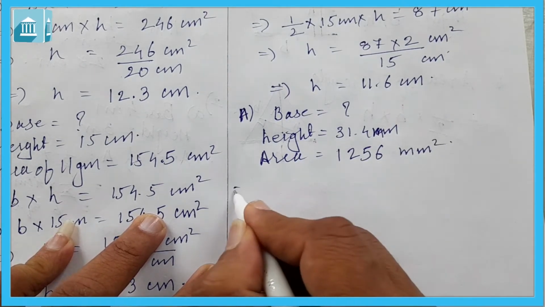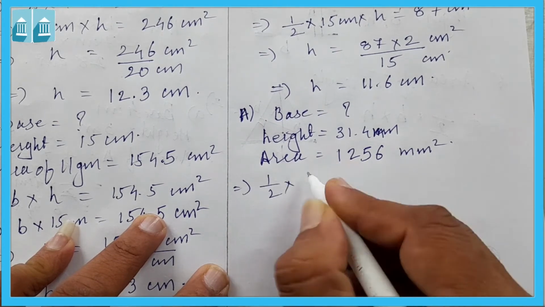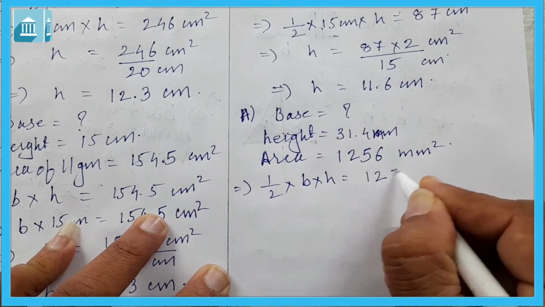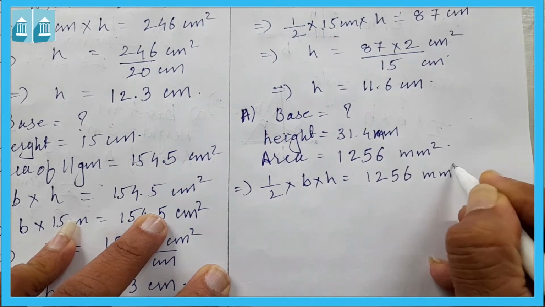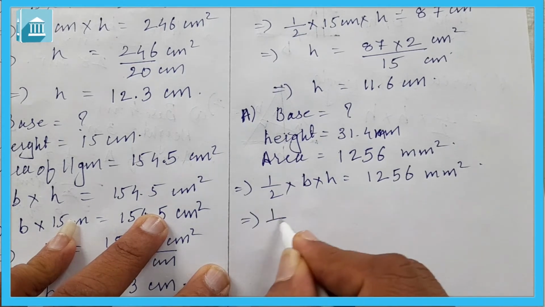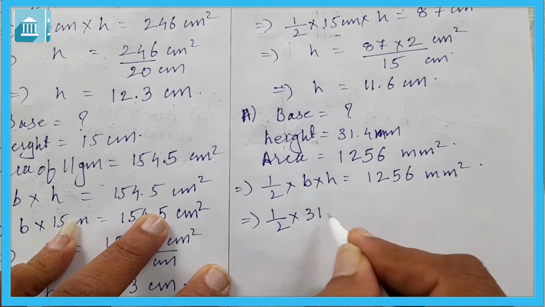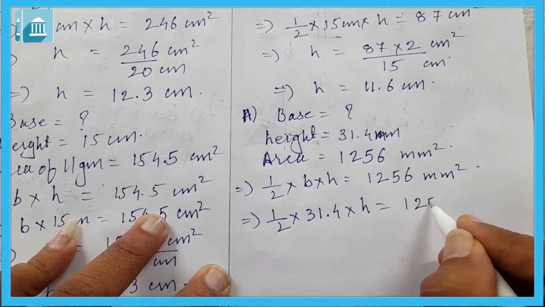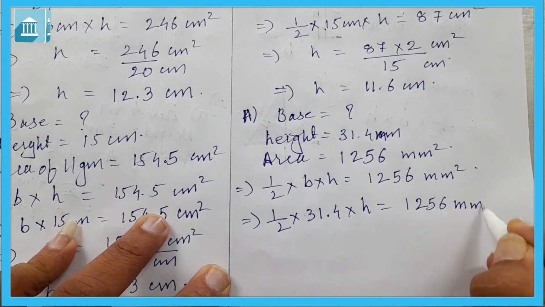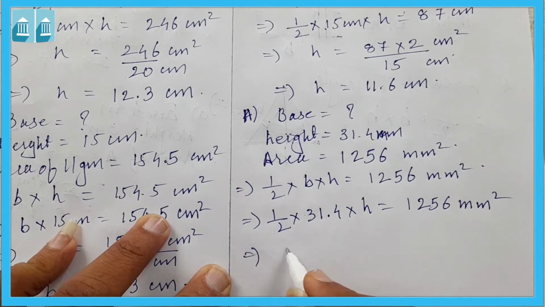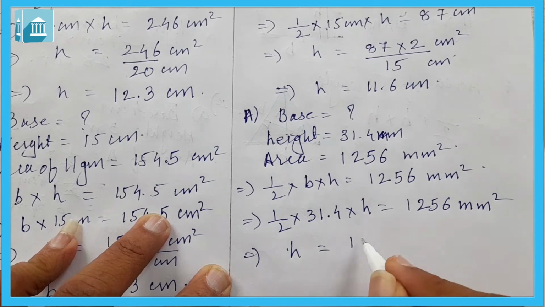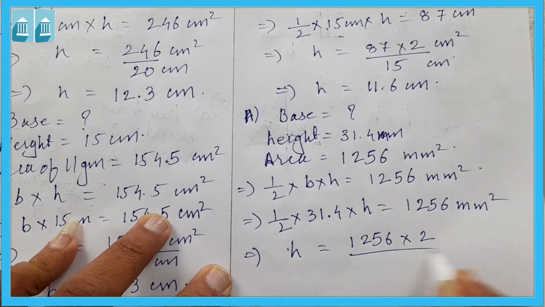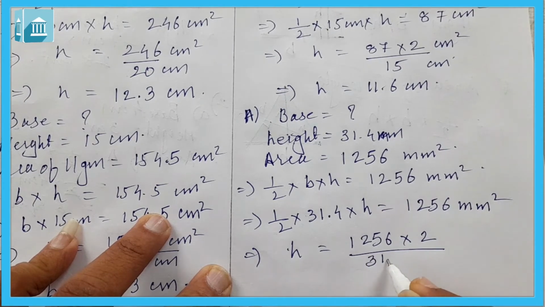So we can say that area is half into base into height is equal to 1256 millimeters square, which we can say half into base is here 31.4 into h is equal to 1256 millimeters square, and therefore h is equal to 1256 into 2 upon 31.4.